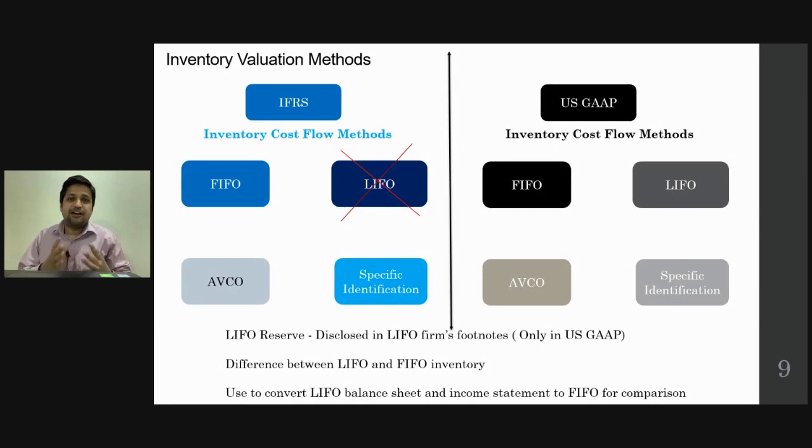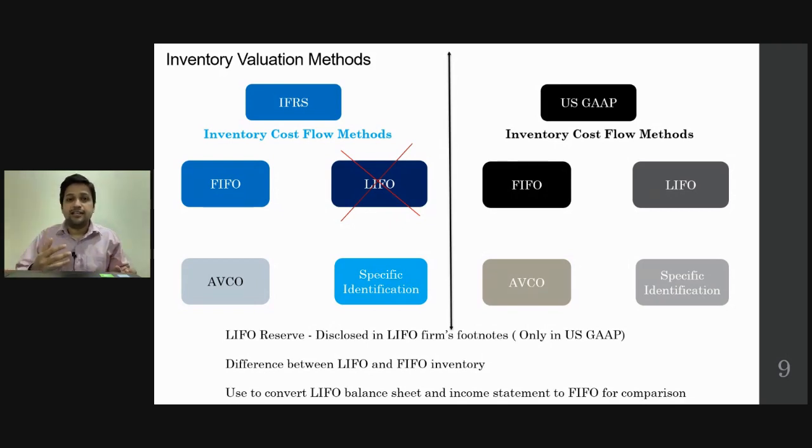This is going to be the last slide on episode 1, where we are going to talk about inventory valuation methods. Remember, historically, inventory valuation methods are very often used by entities to window dress their financial statements.